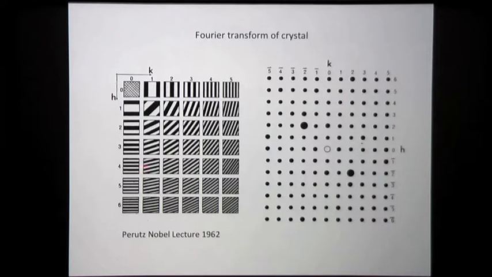Now, you can diagrammatically represent the strength of each of these frequencies in what we call the Fourier transform, so that, say, this strong dot here would come from this set of waves here. So the strength of the feature here represents the strength of this wave in the density in the unit cell, and so on for all of these.